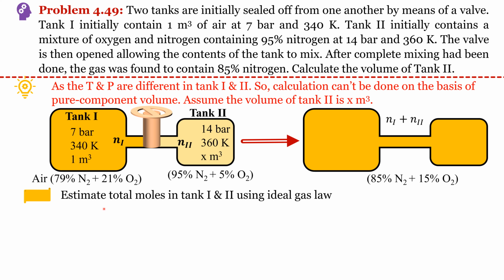Now we need to estimate the total moles in tank 1 and in tank 2 using the ideal gas law, because in tank 1 temperature, pressure and volume are given, so we can find the value of N1. In the same way, for tank 2 temperature and pressure are given, volume is unknown, still we can find N2 in terms of x.